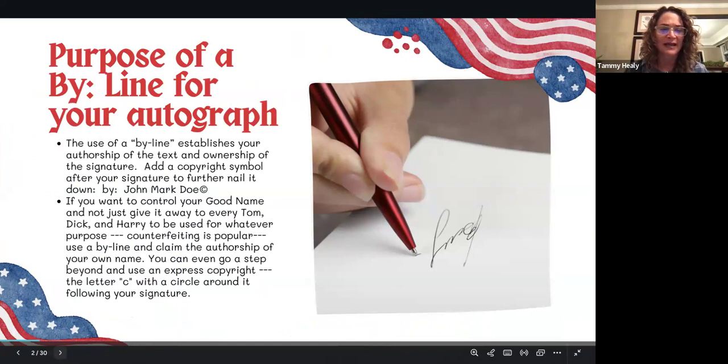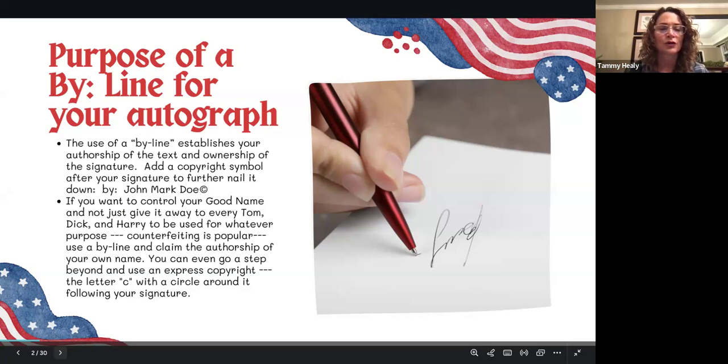The use of a byline establishes your authorship of the text and ownership of the signature. You add a copyright symbol after your signature to further nail it down. By colon John Mark Doe, of course, in cursive, is your unique autograph.